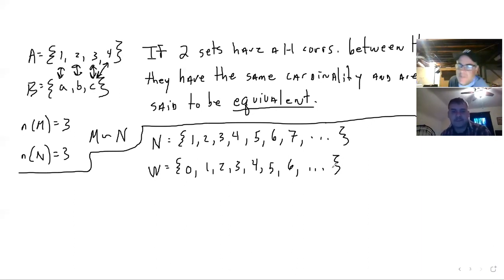Now, I love asking this question, which set's bigger? N or W? W. Okay. And that's a fair answer at this point. You'll get 1 or 2 answers to that question initially. One, you're going to say the whole numbers are bigger because they've got an extra element that the naturals don't have. And so that's a legitimate answer.